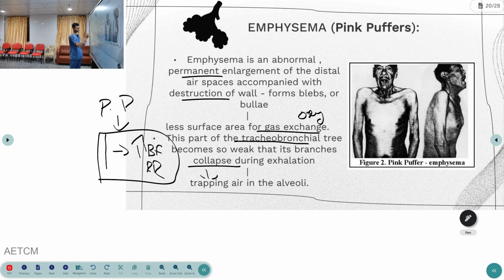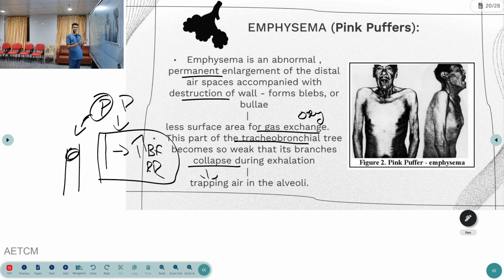Pink indicates the natural color of the body. In the last part we said blue bloaters, where blue indicates cyanosis. In bronchitis there will be obstruction in the airway, so the oxygen can't enter into the lung or reach the terminal part. There will be obstruction in the pathway, which is why the blue discoloration occurs.